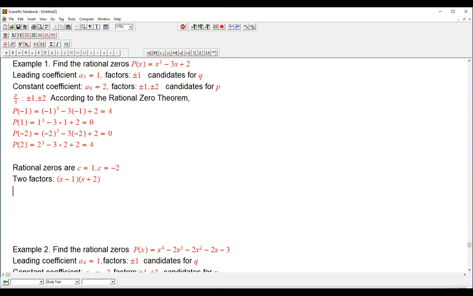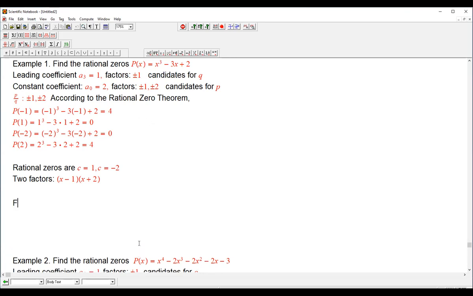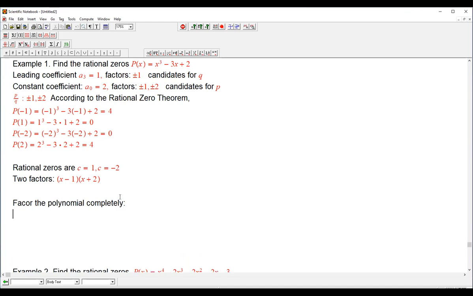So if our goal is to factor the polynomial completely, what are we getting?